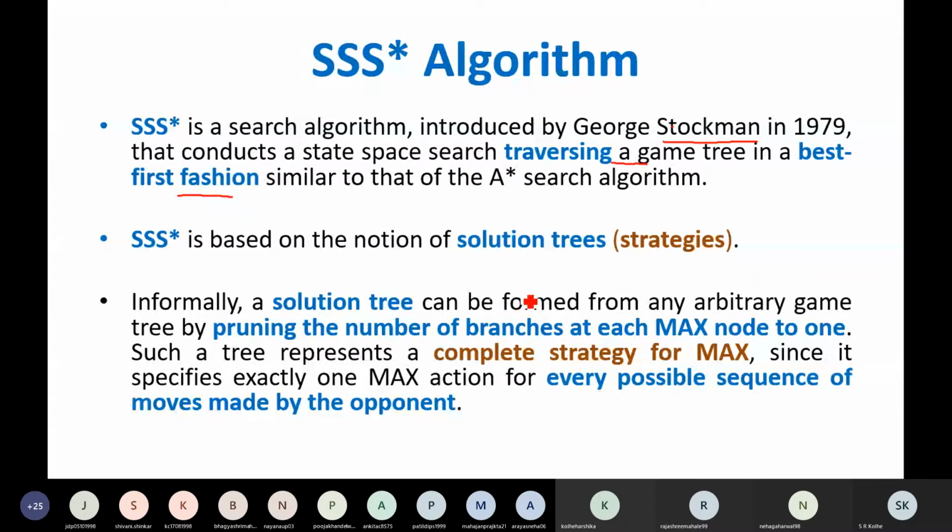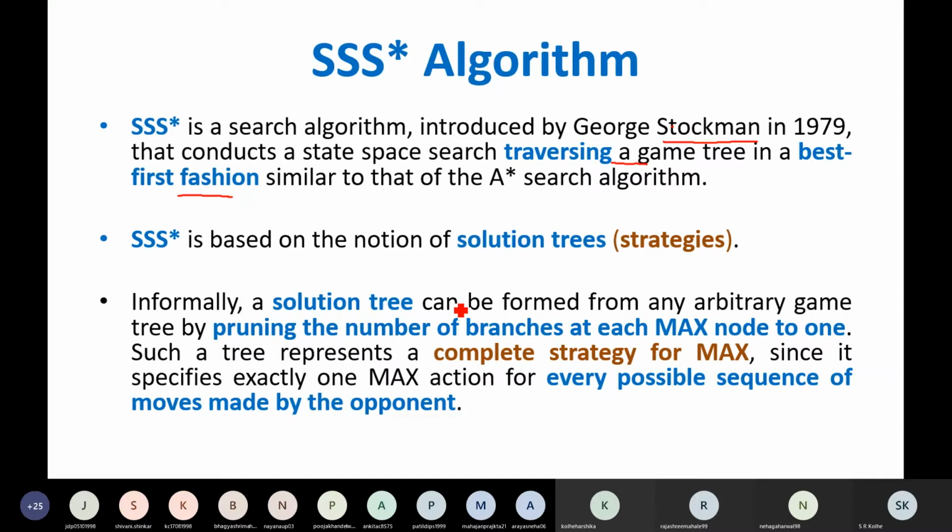We don't do that in the alpha beta cutoff algorithm. We move from left to right blindly, or from right to left blindly. If you move from left to right and from right to left, you will find the efficiencies will be different. The number of nodes that you will have to evaluate will be different. So that's how the algorithm is sensitive, as I said.